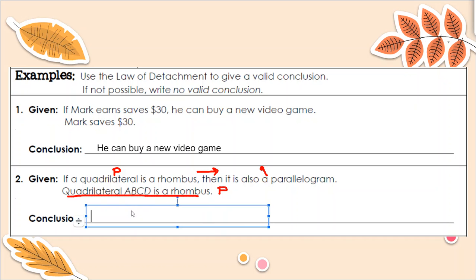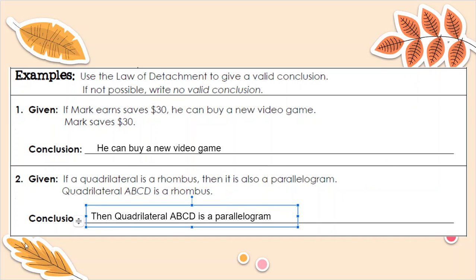It is then quadrilateral ABCD is a parallelogram. So if P then Q, we've been given P, therefore Q.